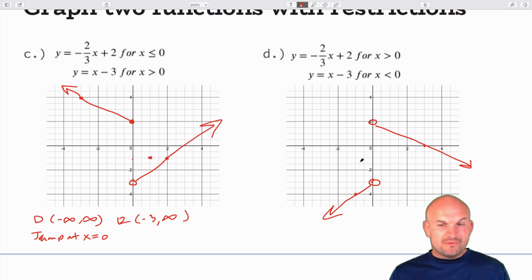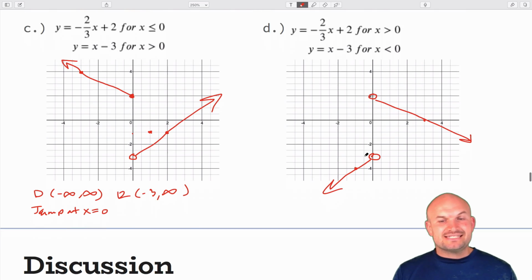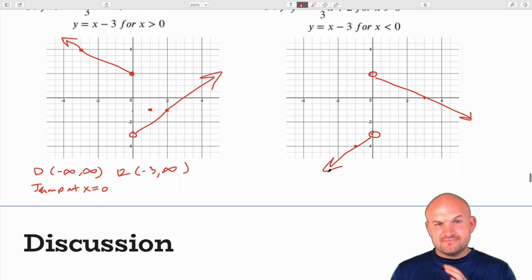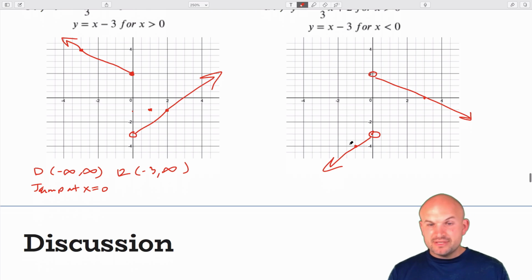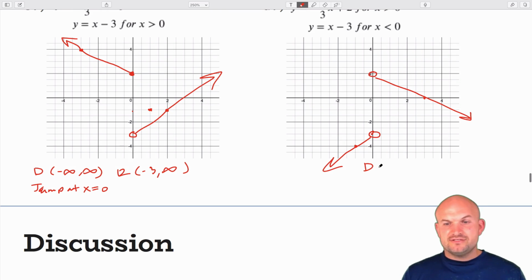The problem is, though, that my function is not defined at x is equal to 0. Well, again, that doesn't matter in terms of the discontinuity. You can still see this is a jump. However, that is going to impact my domain because now my domain is undefined at x is equal to 0. So my domain here is now going to be negative infinity to 0, union 0 to infinity.